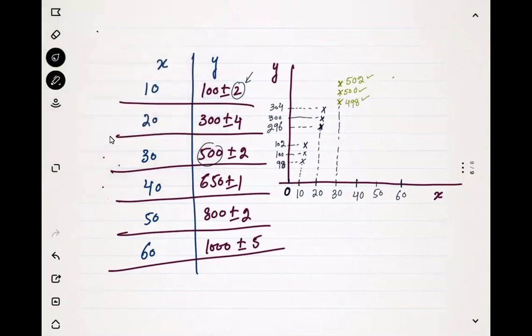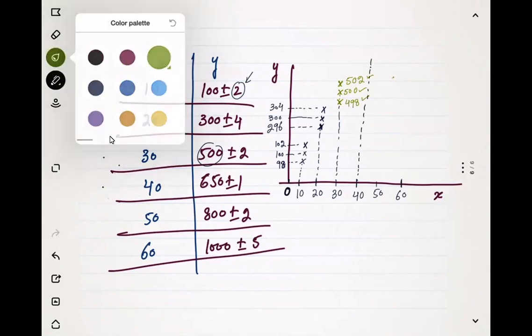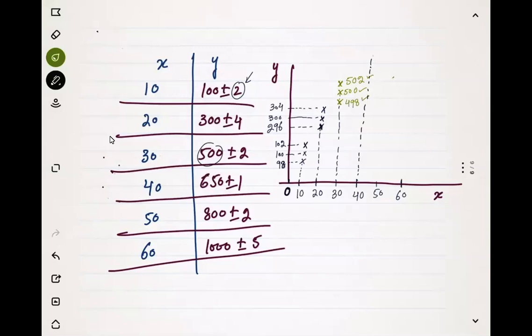At 40, the 3 points are 650, 649, and 651. So they are 650, 649, and 651. These are the 3 points at 40.